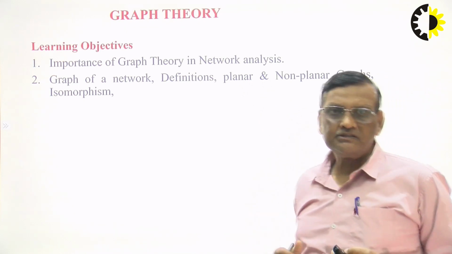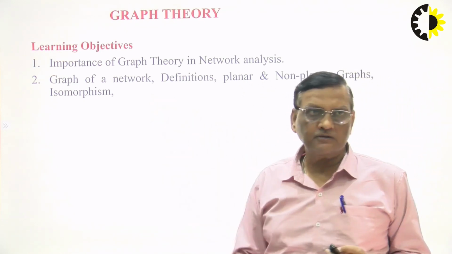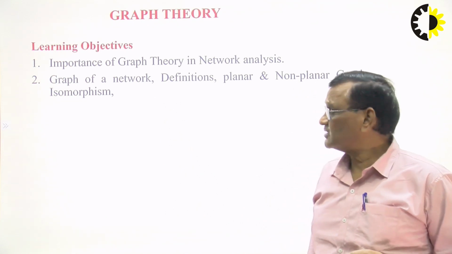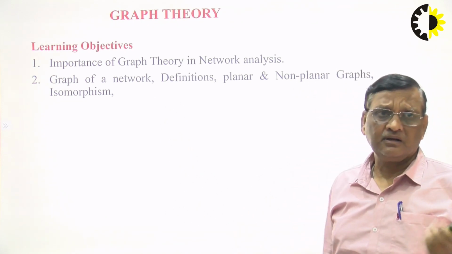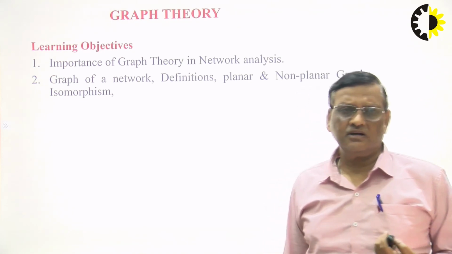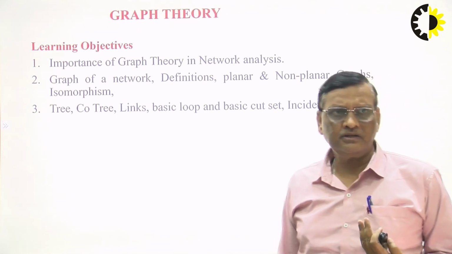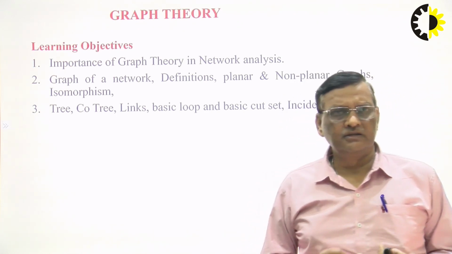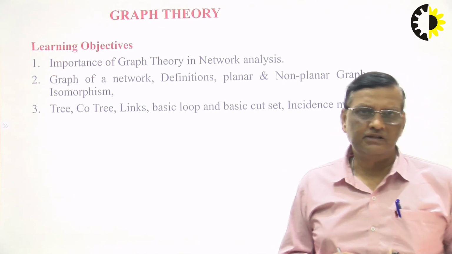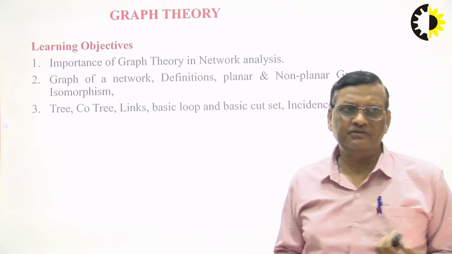Then the second is how we do it. A network is given, and we draw the graph of the network, and there are some definitions: planar and non-planar graphs, isomorphic graphs, then tree and co-tree. So a graph is given, then we select a tree and write some matrices on the basis of the given tree.